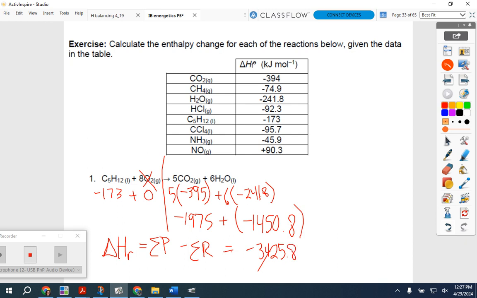And then subtracting the reactants, which was negative 173. So that's essentially adding 173 to that. I'd come up with 3252.8. Please tell me if I'm doing the math wrong, because sometimes I do that. And that's going to be kilojoules per mole.